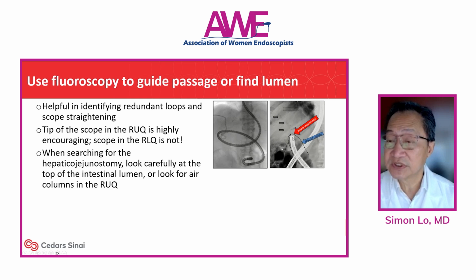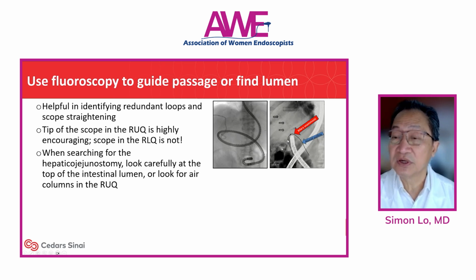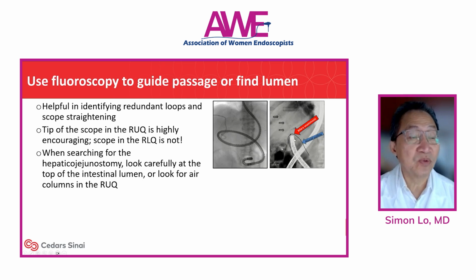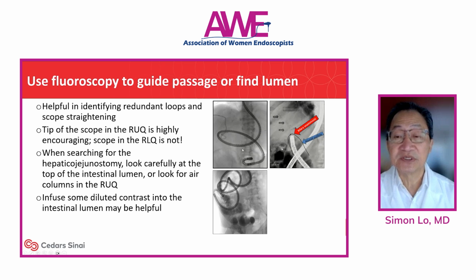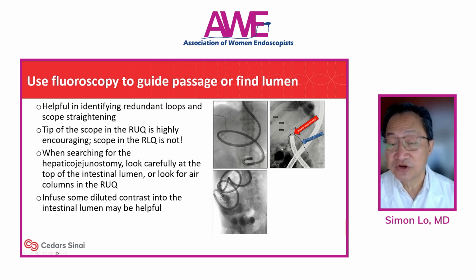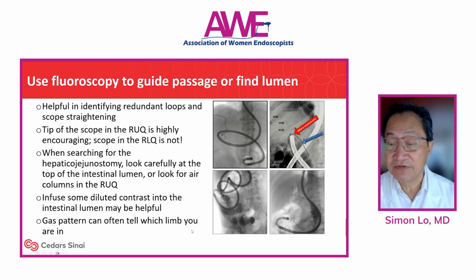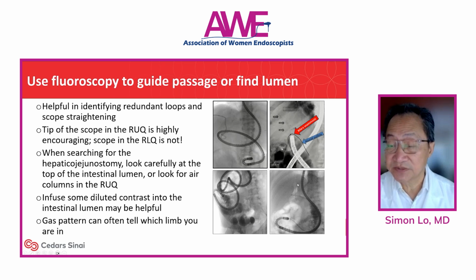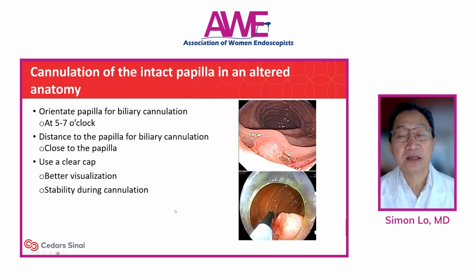Some of those stenoses are so difficult, you can only blindly pass a guide wire, and this would help you by knowing where you should try to do so. If your scope is in the right lower quadrant, the chances are you're in the wrong place. Or you can put in diluted contrast, and you can tell that you're in the efferent limb or afferent limb, like in this case. You can also look at the gas pattern and know where you are.